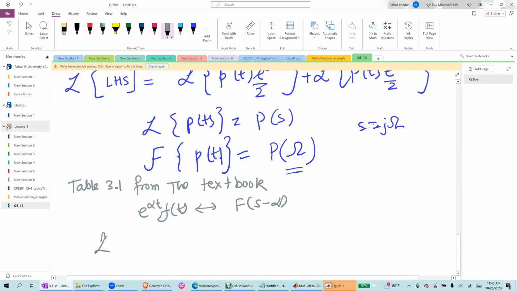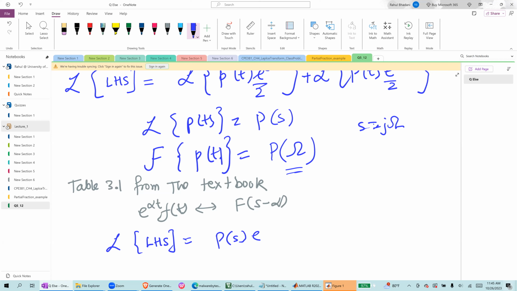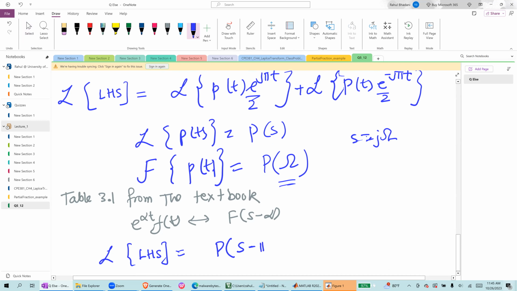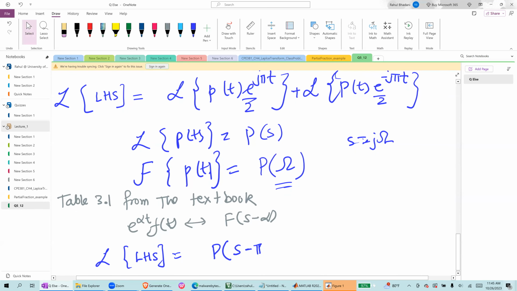So we can see LHS equal to P of s minus jπ, because of the e to the power jπt, plus P of s plus jπ.